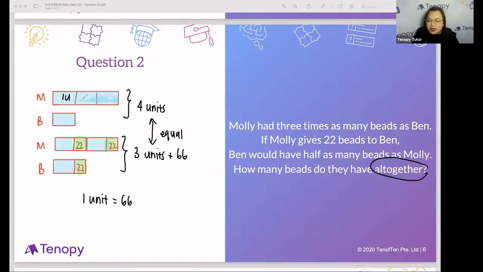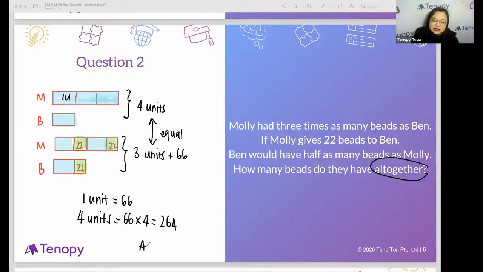Before makes up 4 units. Lucas, you should multiply by 4, not by 3, because 66 is meant for 1 unit, but you have a total of 4. So 66 multiplied by 4 will give us a total of 264.